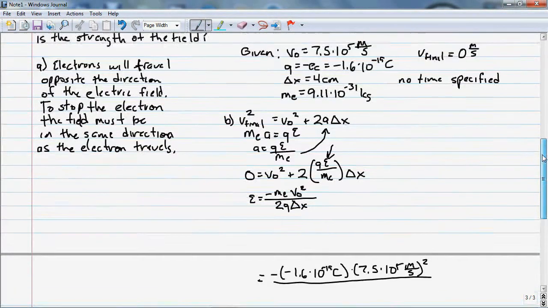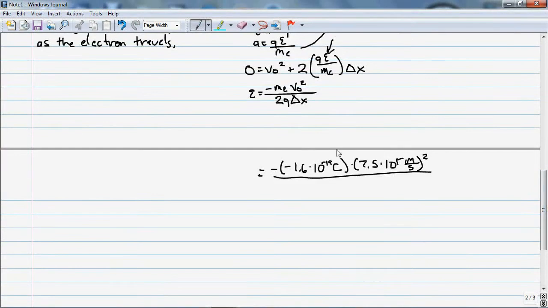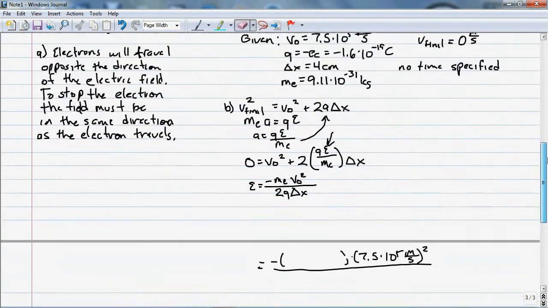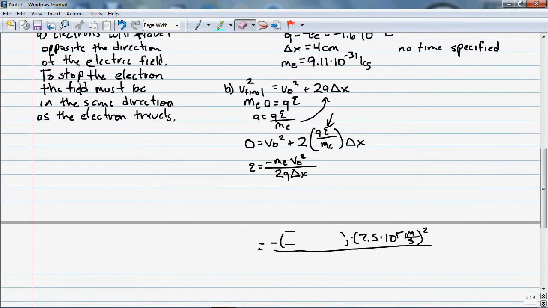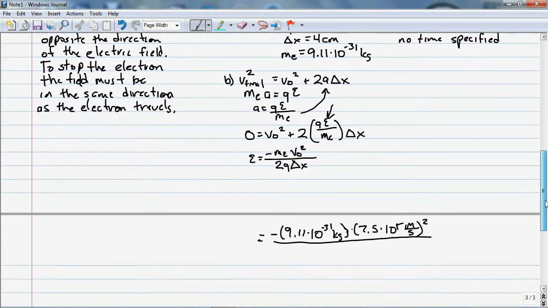It should be the mass. Sorry about that. Let's change this. This should be the mass, not the charge. And that was 9.11 times 10 to the minus 31st kilograms. That's better. Sorry about that.